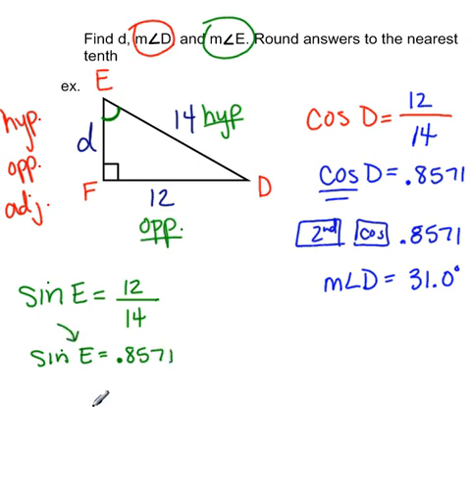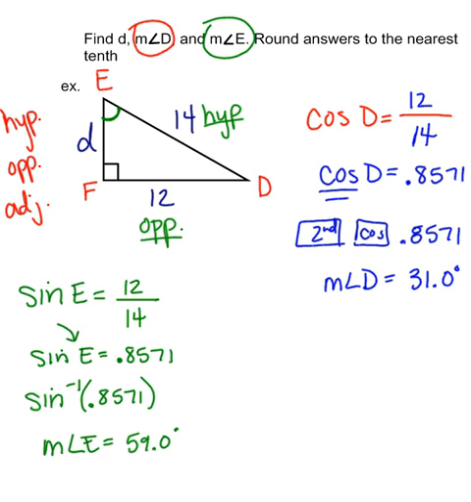We're trying to find an angle measure. So we have to use trig inverse. So press the shift or second button so that we are initiating the trig inverse function, and put in your decimal of 0.8571. And we find out that the measure of angle E should be 59.0.